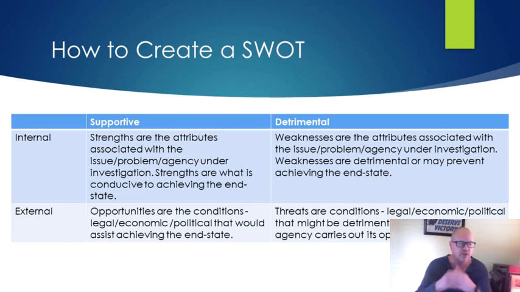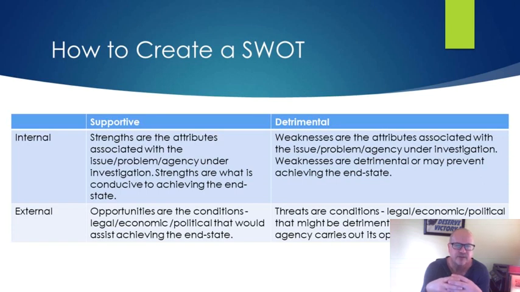Now, in you putting in your strengths and so forth, as I've got here, it's about describing and knowing the attributes that are associated, in this case, with a problem or the agency under investigation. So what is helping it achieve its desired state? What strengths, what's bringing it along to meeting that desired state that you had thought about earlier?